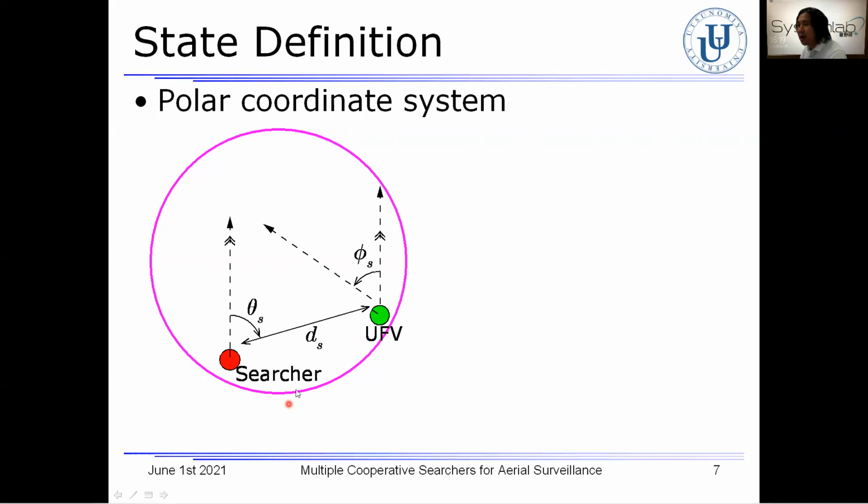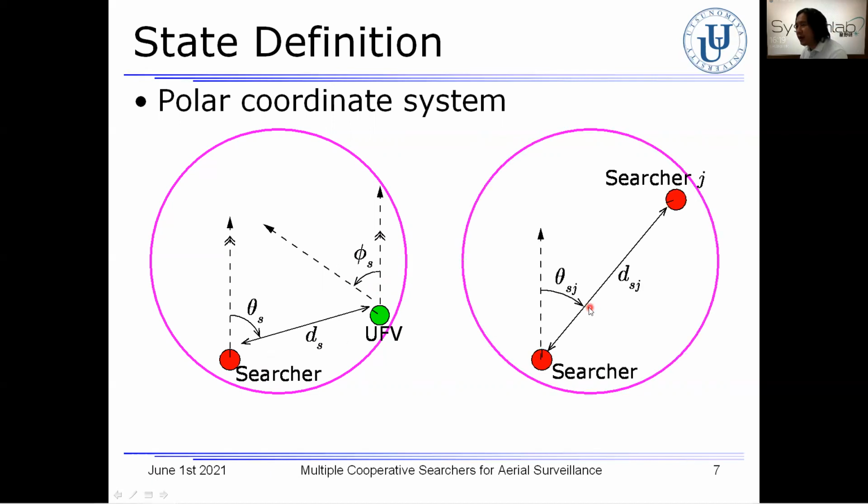Here, d and theta indicate the distance and the direction angle of the searcher to the UFV, respectively. Relative direction between the searcher and the UFV, which is phi s, is further included in the state. In the right figure, D and theta indicate the distance and the direction angle of the searcher to the other searcher.